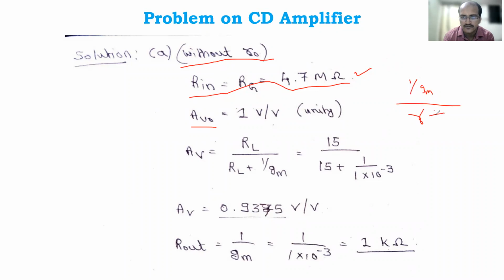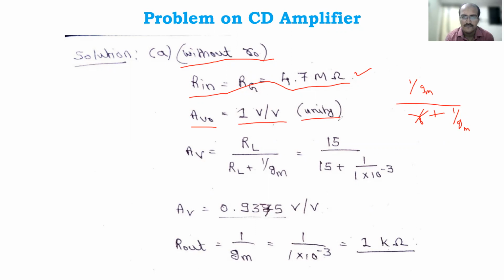You can see the notes there. Now r naught not taken into account means it is not there, so 1 by gm cancels out. What is remaining? 1. That's why 1 volt per volt will come as the open circuit voltage gain. That's why it is called a source follower circuit.